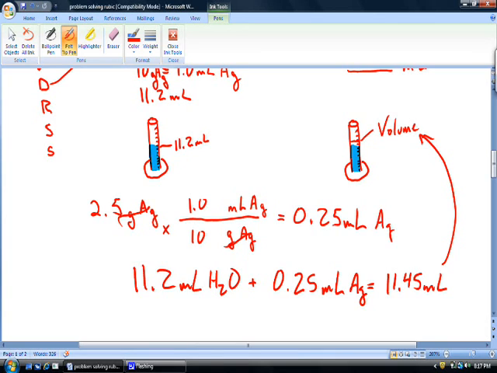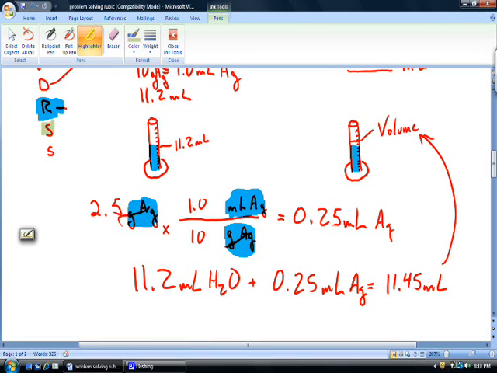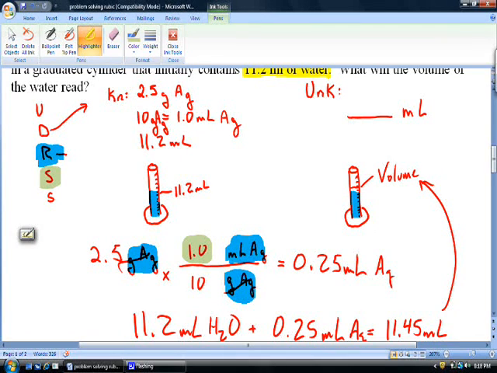Now, let's go back through here and look. The relationship in this problem is this relationship that allowed us to make our units cancel out. That's the points you're going to get for the relationship points right there. The substitution is where we've put in the numbers from our conversion factor.